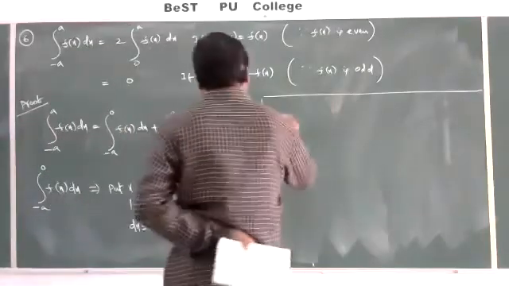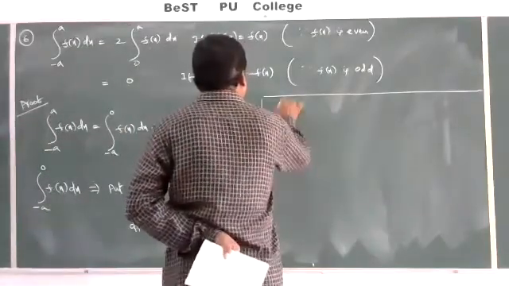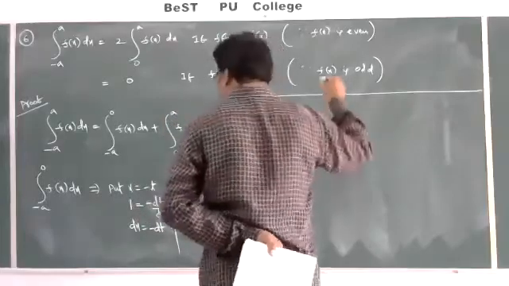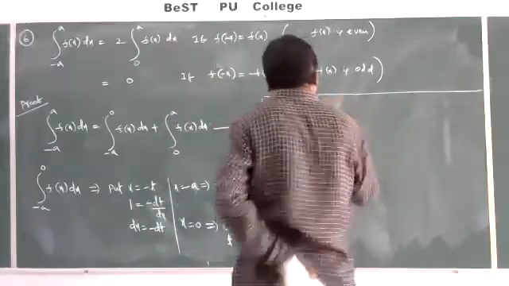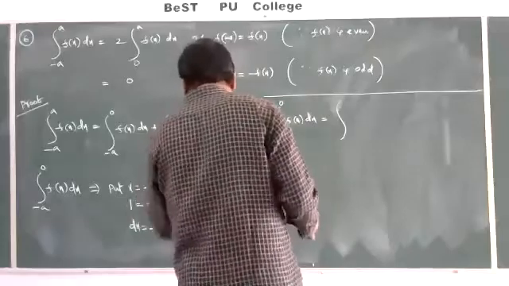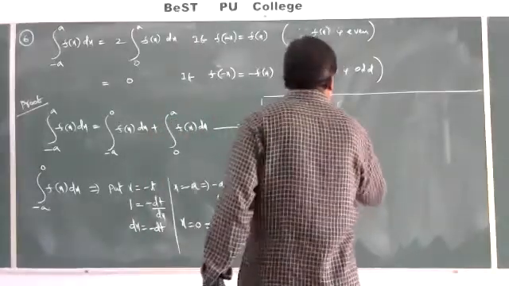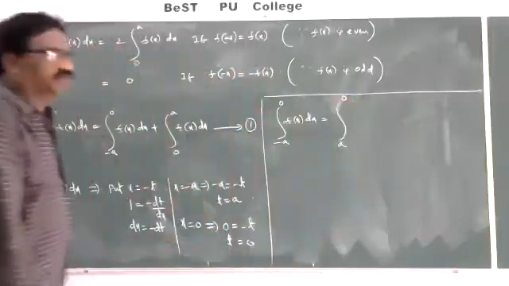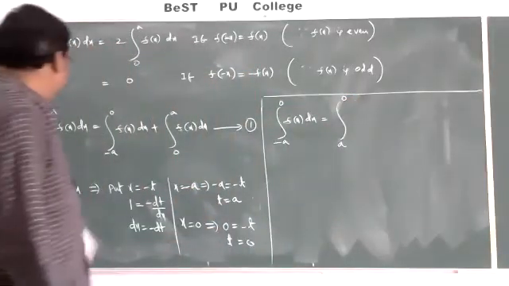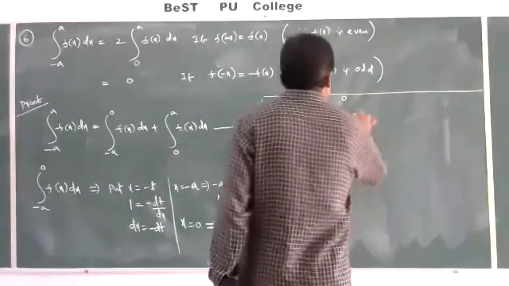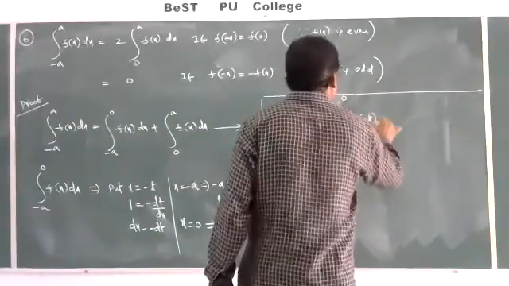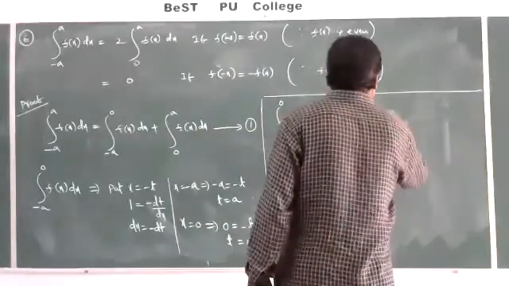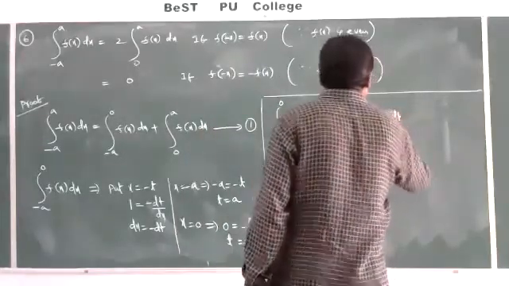So then you get integral minus a to 0 f of x dx is equal to integral, what is the lower limit here? a. Upper limit here 0. Limits change to a to 0. x is minus t, that is f of minus t into, sorry, into minus dt.